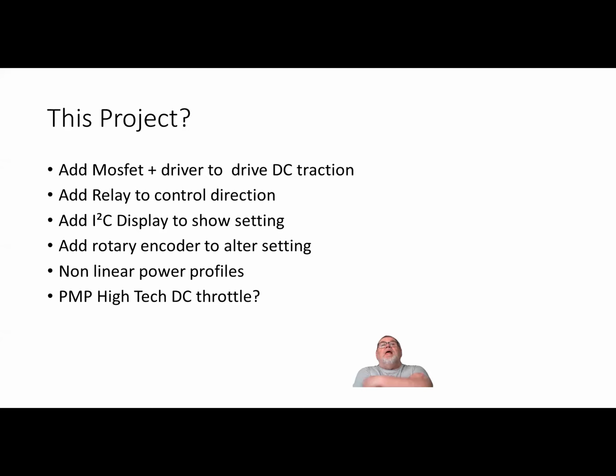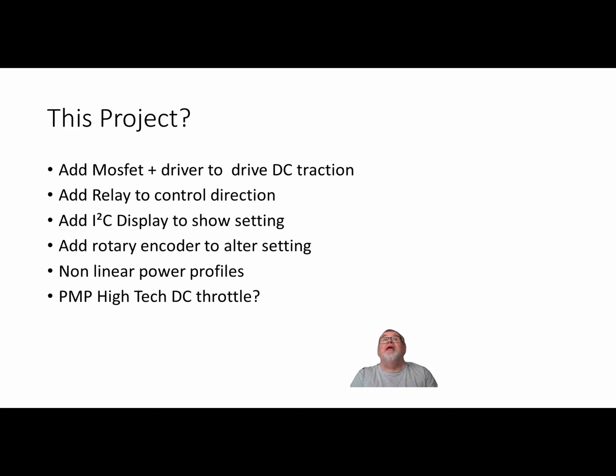So, if I add a MOSFET to that circuit now, plus a driver, I can make DC traction work. If I add a relay, I can control the direction of the DC traction. Does it make your train go forward or backward? If I add one of these little I²C displays that Neil's going to talk about next week, we can put a number on it from 0 to 100.